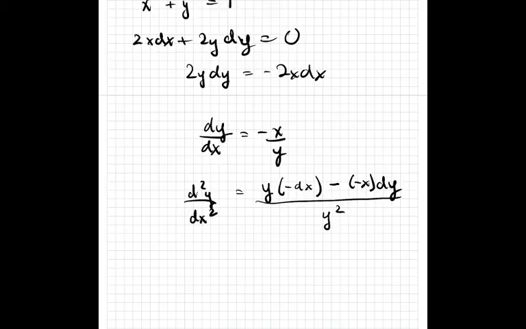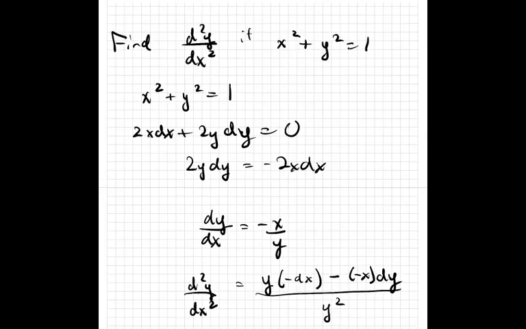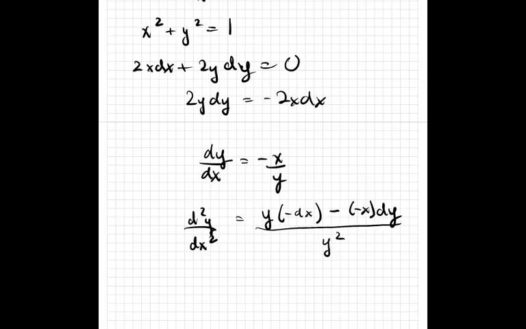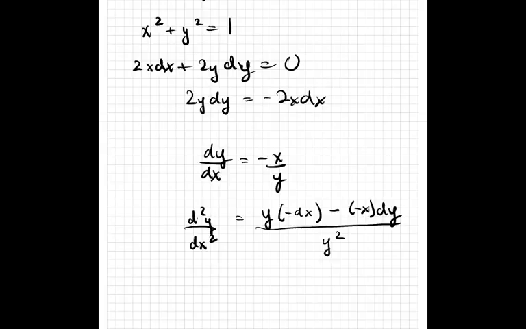Let me see. Oh, okay. So let's do this instead. It keeps popping up. What am I missing? Oh, we can multiply by 1 over x, 1 over dx. Does that help us?